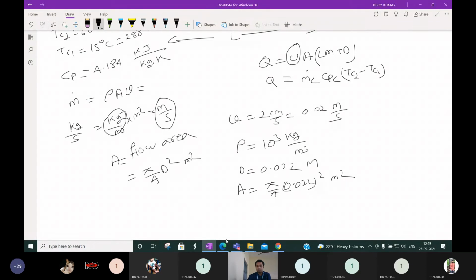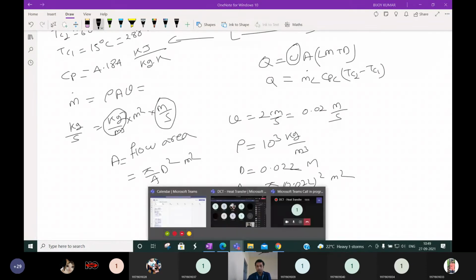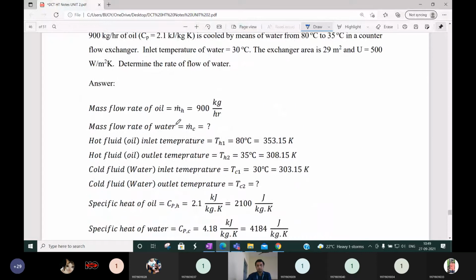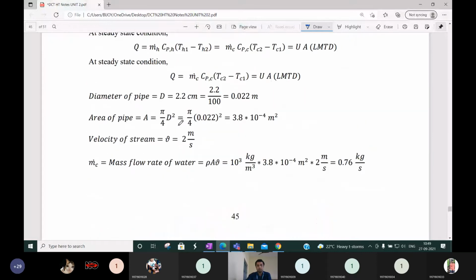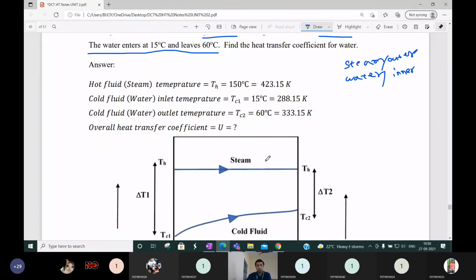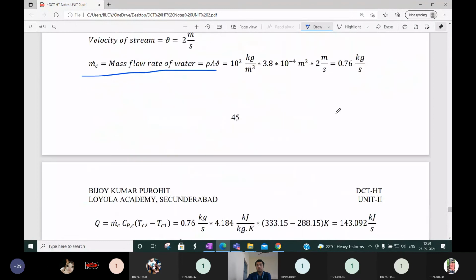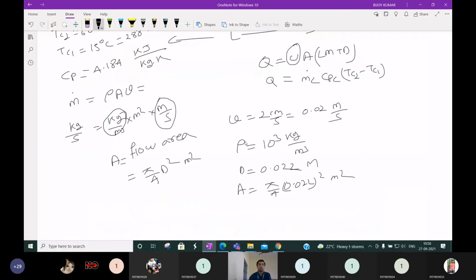Okay, and the mass flow rate, rho A V, we did it, and it is coming around 0.76 kg per second. Okay, 0.76 kg per second.